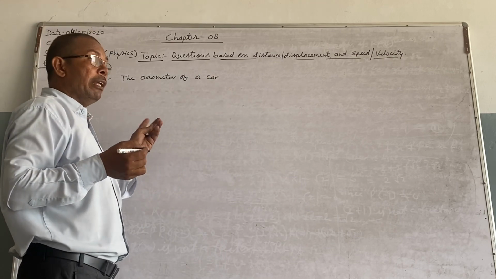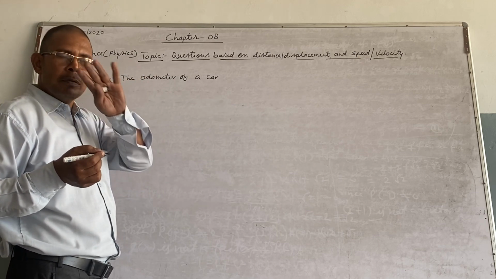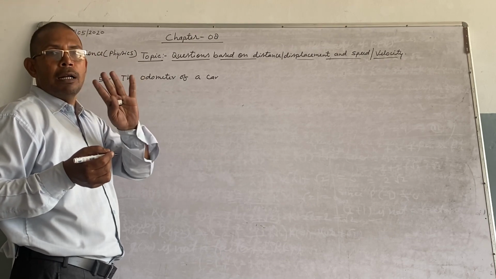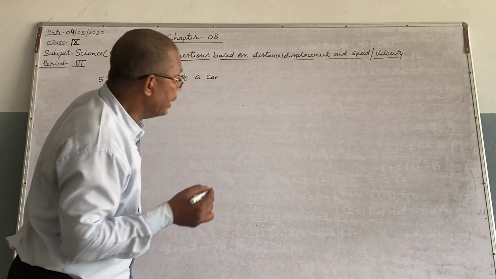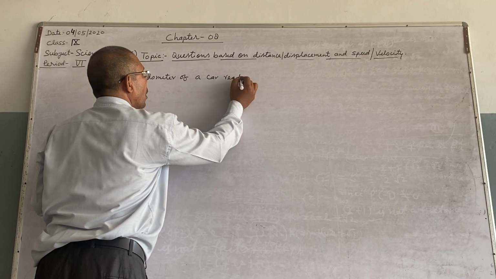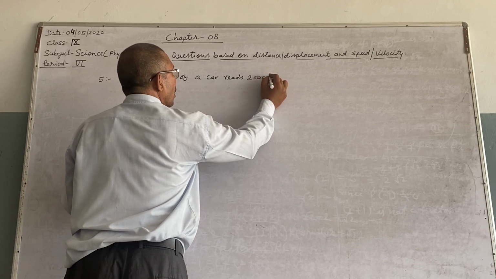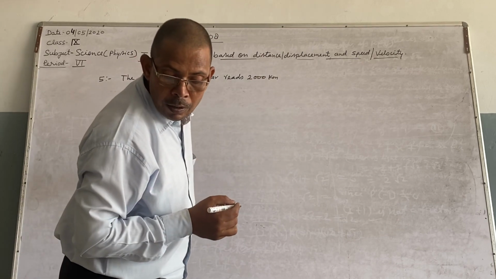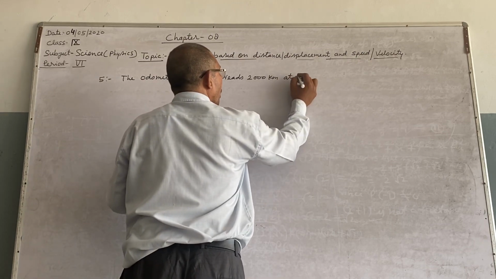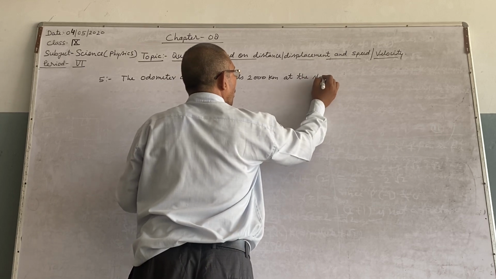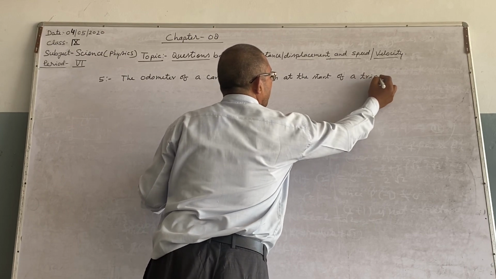Odometer is a device which measures the distance traveled by a moving body, that is distance traveled by a car or bus or bike. The odometer of a car reads 2000 kilometer at the start of a trip.